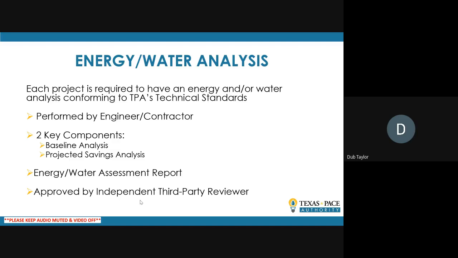And then the savings calculations for the improved situation projected against those baseline. That's critical. There's a report format and how this report gets completed. And then again, it has to be reviewed and approved by the independent third-party reviewer.